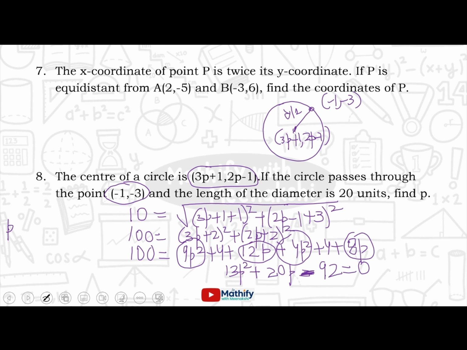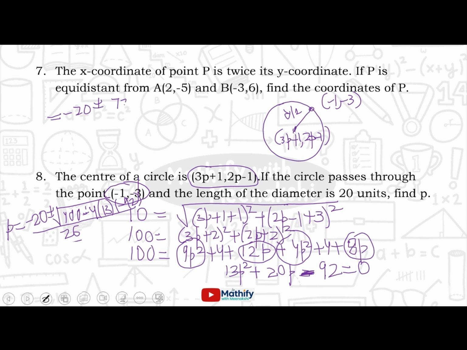So you have to find the value of p. You can write p is equal to minus b, that is minus 20, plus minus square root of b square, that is 20 square, 400, minus 4ac, that means minus 4 into 13 into minus 92, by 2a. 2a, that is 26. Now you can find the square root of this, and that will give you 72 by 26. Now you have two options. One time you can write positive and one time you can write negative.